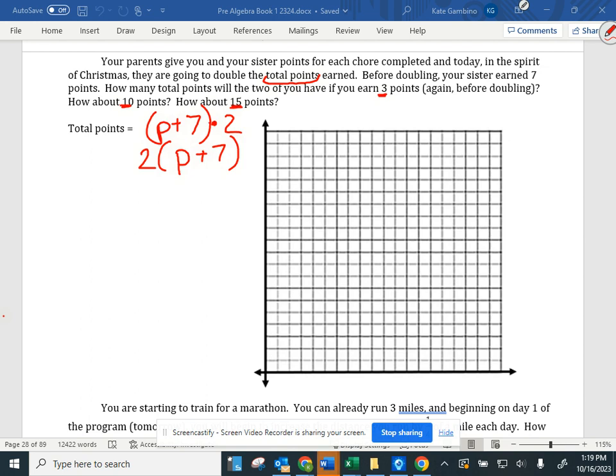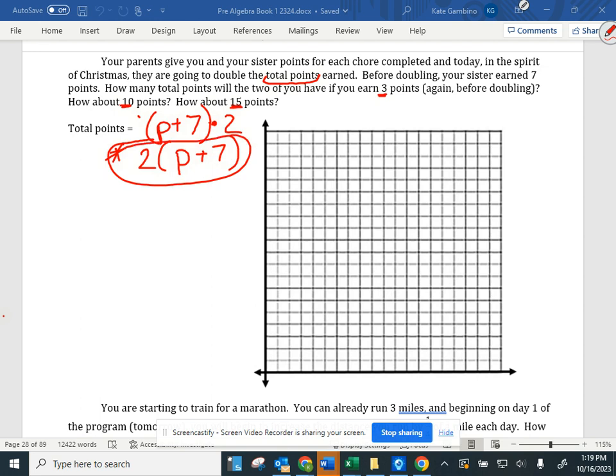I would accept that way on a test because you know you have to do the parentheses and then you multiply. So I would accept it this way, but this is the mathy way if you want to be that full-on mathematician. You put the number and then the parentheses, and we just know we have to do the parentheses first. So this is our expression.